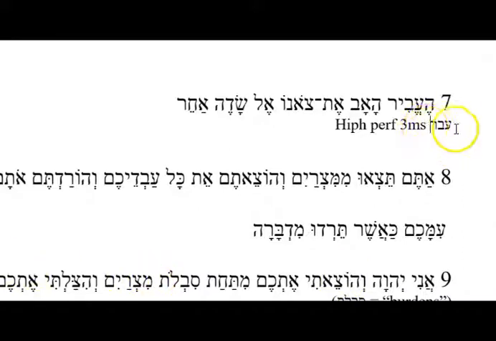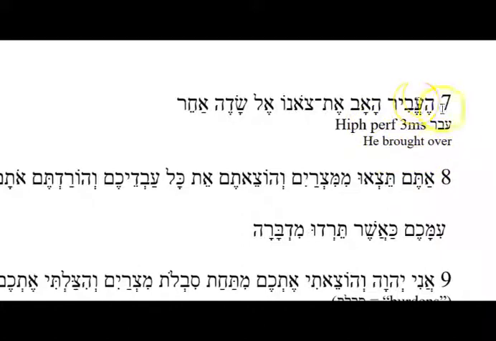Avar in the Qal means to pass over or transgress, to pass over something. So the Hiphil is the causative form of that, to cause something to pass over, or maybe even to bring over. Because this is third masculine singular, our subject will be he, brought over. Brought, because it's perfect, we're translating in the past.